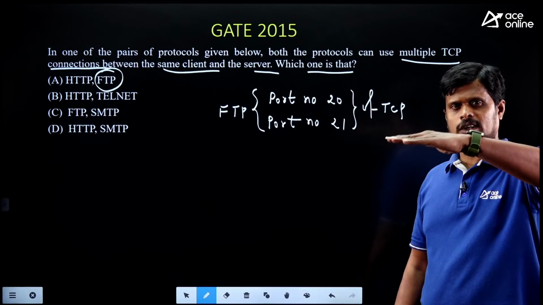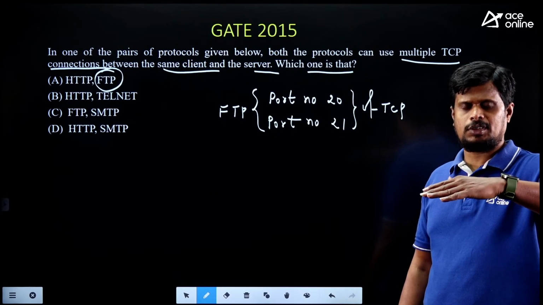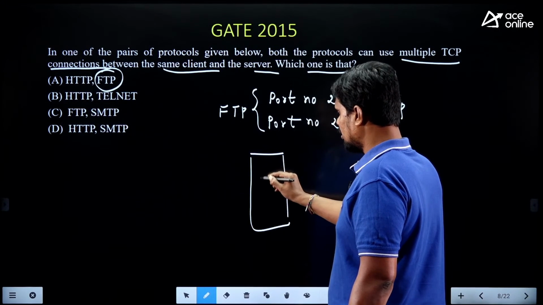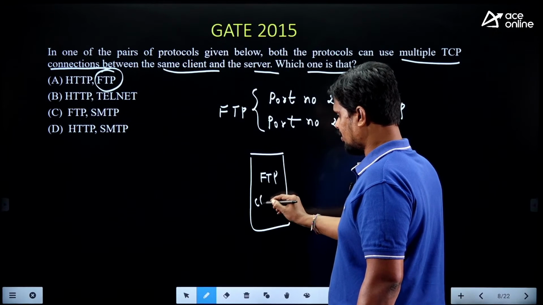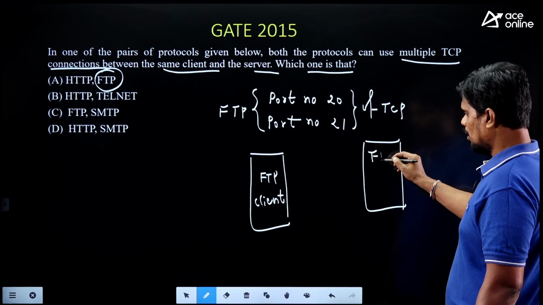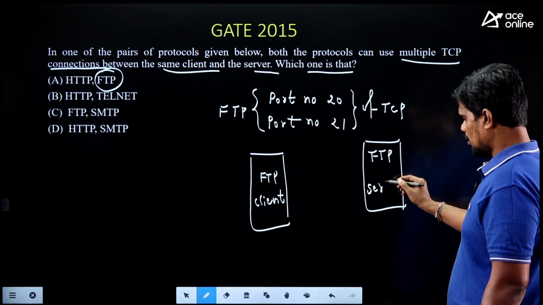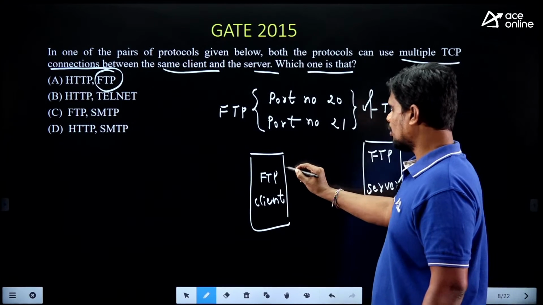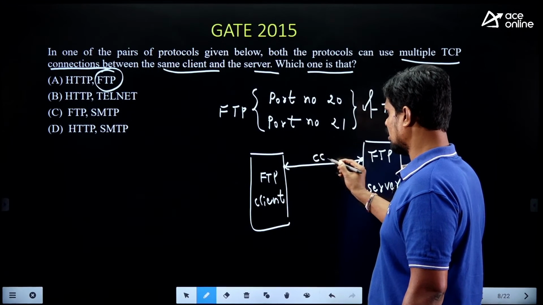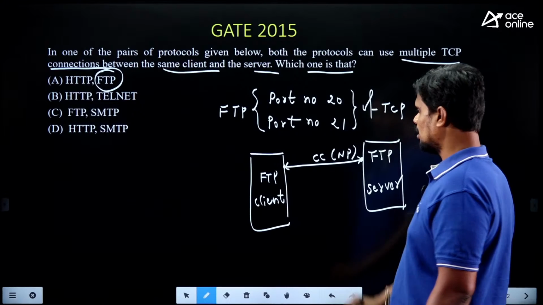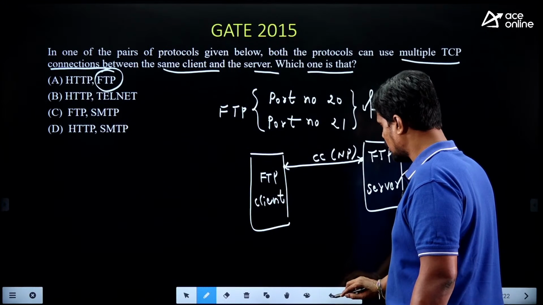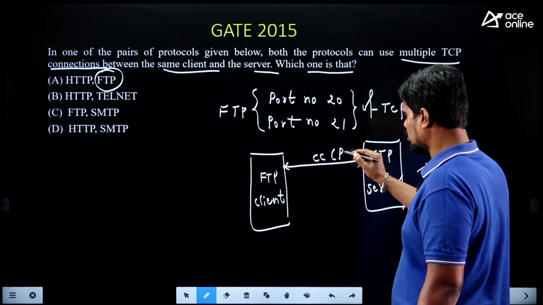So if this is the FTP client and this is the FTP server, port number 21 is used for connection control. This is a persistent connection, sorry, whatever the connection control we are using is a persistent connection.